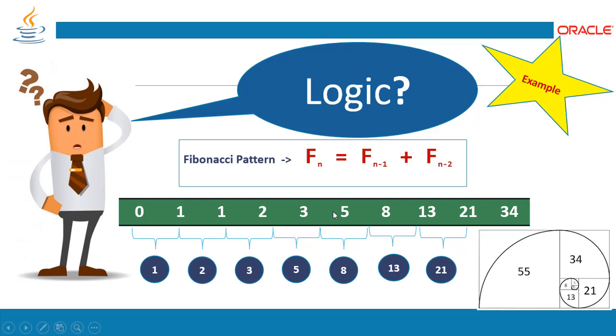So the next number is going to be 5. So this is how it is working. The formula or the pattern or the logic of Fibonacci is Fn equals Fn minus 1 plus Fn minus 2. The last two numbers added will give you the next number.